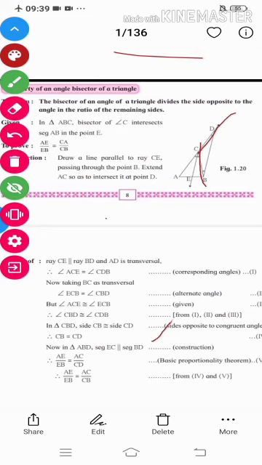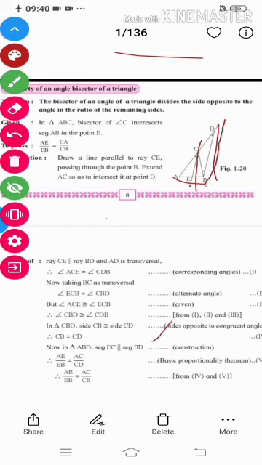Now in triangle ABD, segment EC is parallel to segment BD, that is construction.